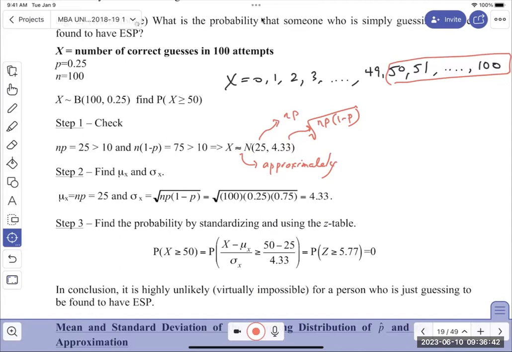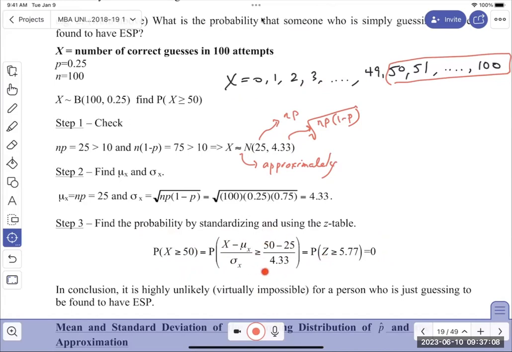So how do I solve for x greater than or equal to 50 now? Well, it's just a normal. This converts from a binomial into a normal. So all I have to do is standardize and solve. Now, when I standardize this, the x becomes a standard normal.